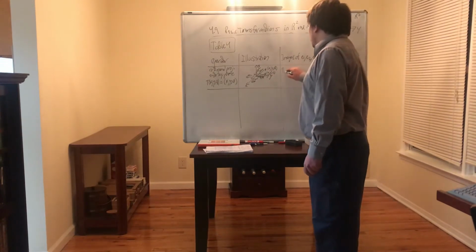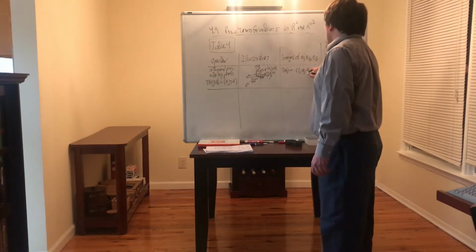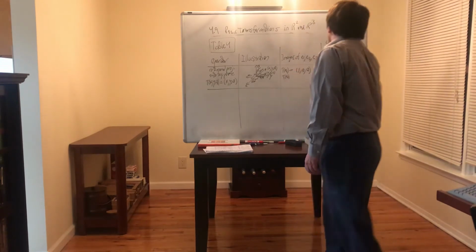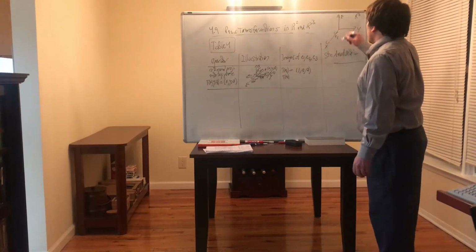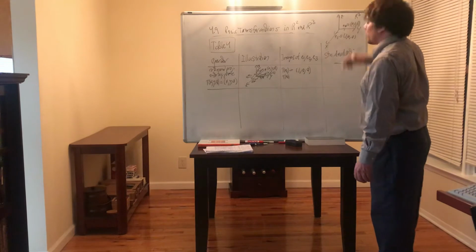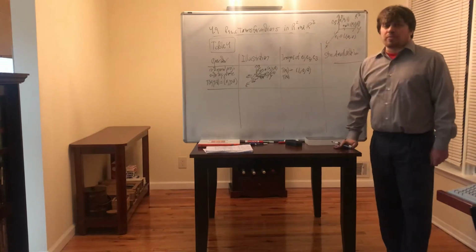So T of E1 would be, you keep the x and y components the same and you make the third component 0. Remember, E1 is the unit vector in the positive direction of the x-axis, that's 1, 0, 0. E2 is the unit vector in the positive direction of the y-axis, which is 0, 1, 0. And E3 is the unit vector in the positive direction of the z-axis, which is 0, 0, 1.